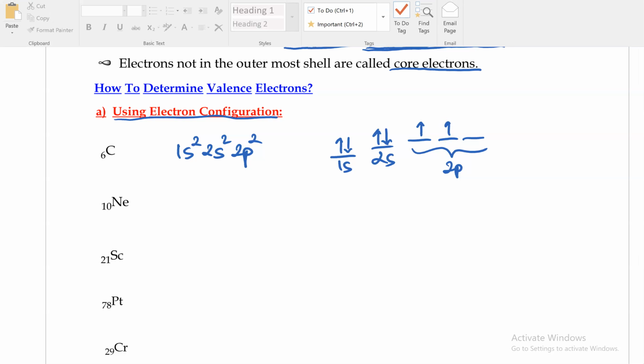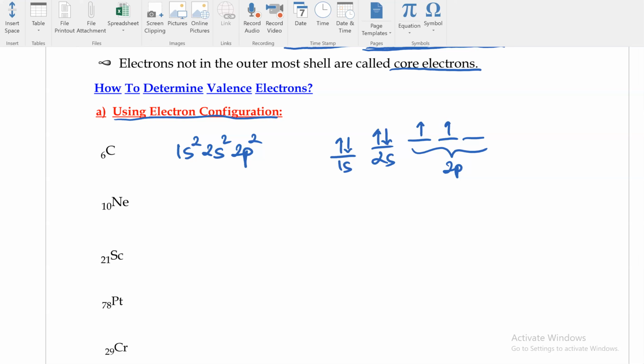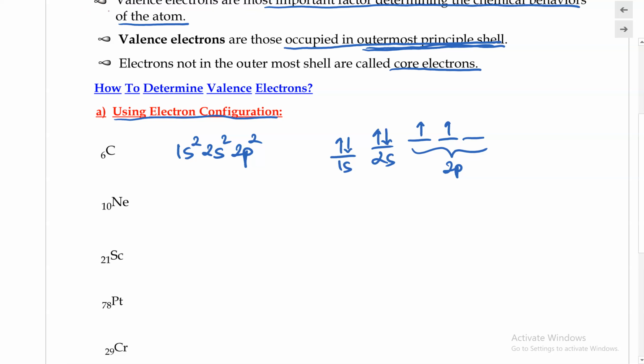So by definition, valence electrons are the electrons that occupy the outermost principal shell. In this atom, the highest principal shell that has electrons would be the second principal shell. You can see the 2s and the 2p have electrons in them, and this is the highest principal shell where we'll find electrons. So we're going to add these two together.